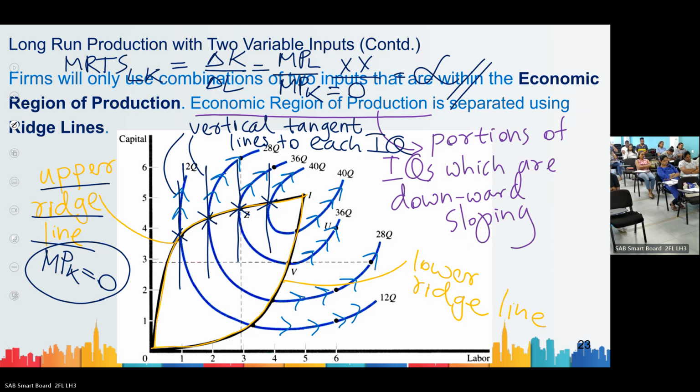That means at these points, marginal rate of technical substitution will be infinite. And those are the points where MPK is 0. When MPK is 0, marginal rate of technical substitution becomes infinite, because any value for MPL divided by MPK, the result is infinite.